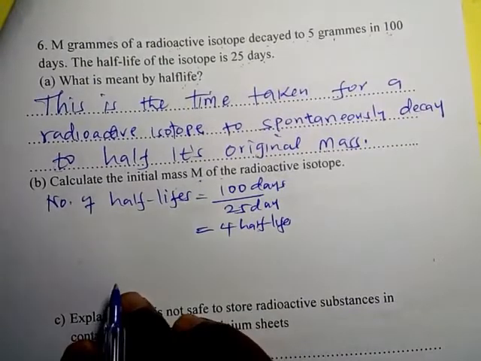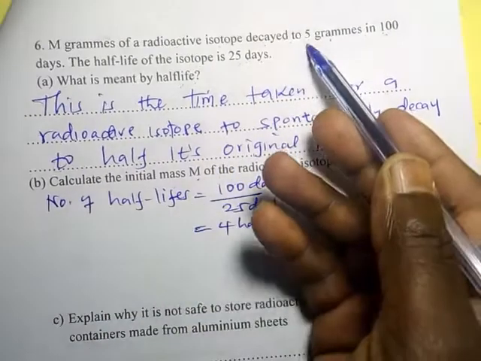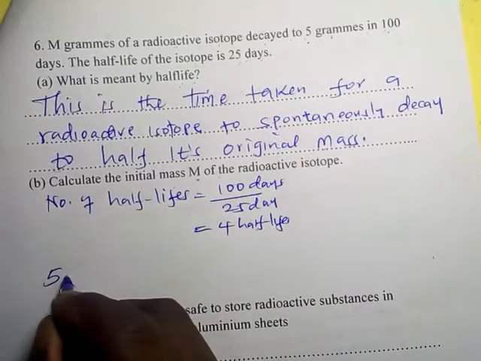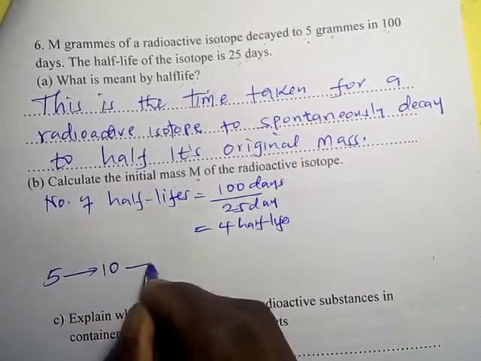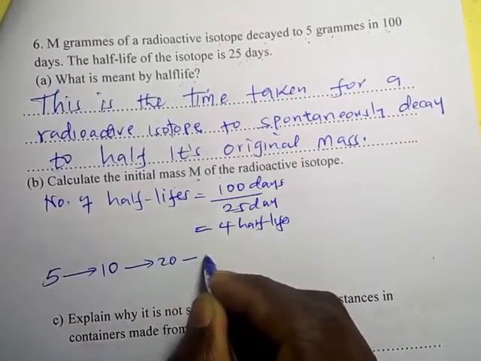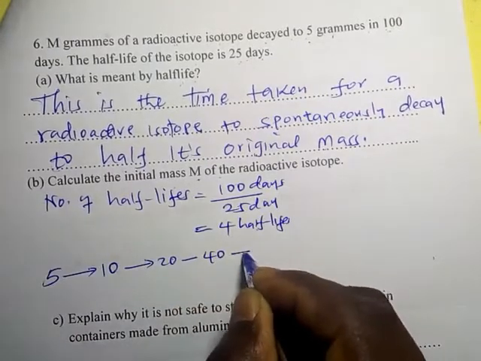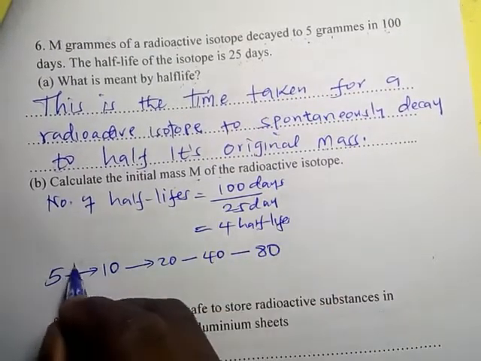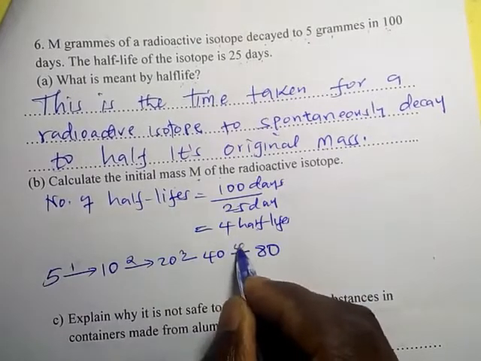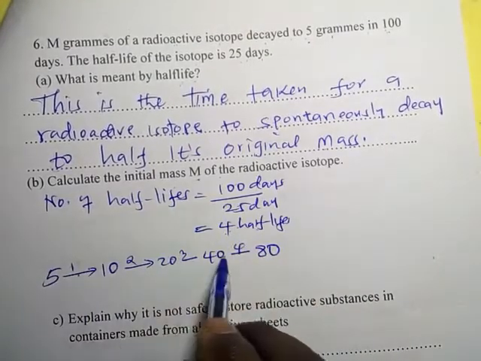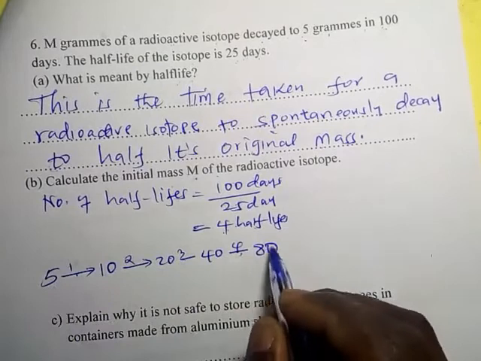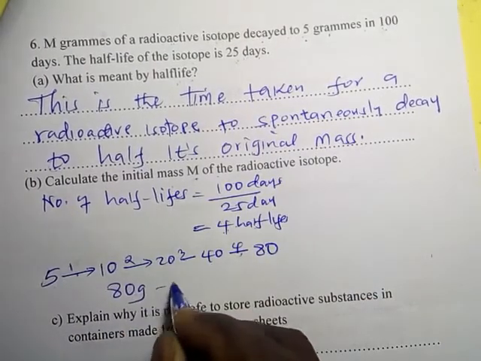If it is 4 half-lives and the remaining is 5, so it is 5 going to 10, going to 20, going to 40, going to 80. So this is 1, 2, 3, 4. So the original mass was 80 grams.